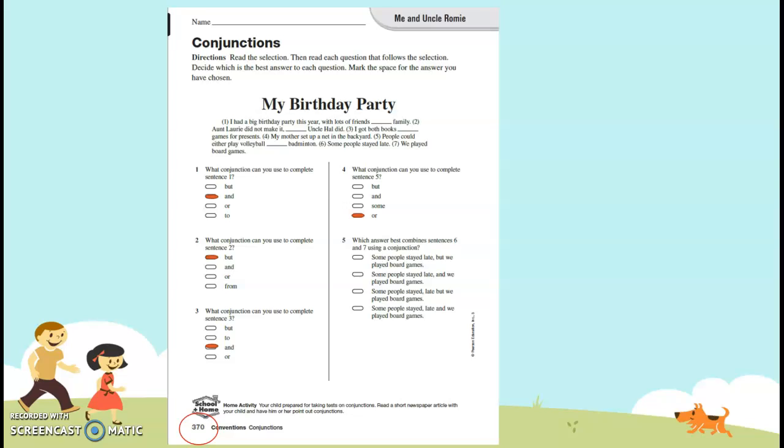In number 7, because number 6 is completed, we played board games. But it says, which answer best combines sentence 6 and sentence 7 using a conjunction? Okay, let's put the 2 sentences together.